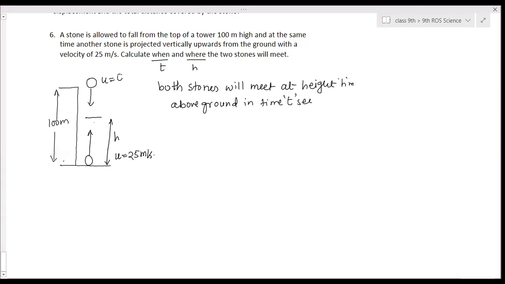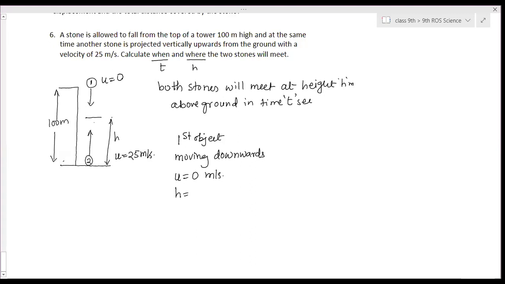We will consider this as the first object and this as the second object. The first object is falling downwards, so initial velocity is 0. How much distance will it cover?